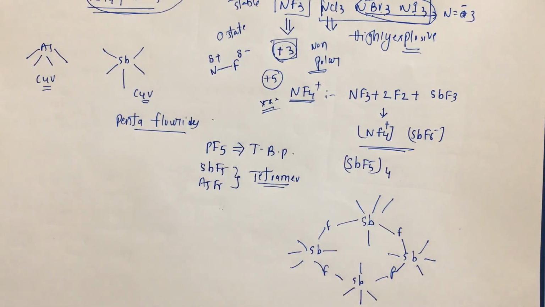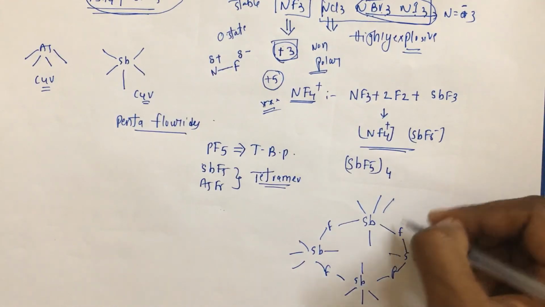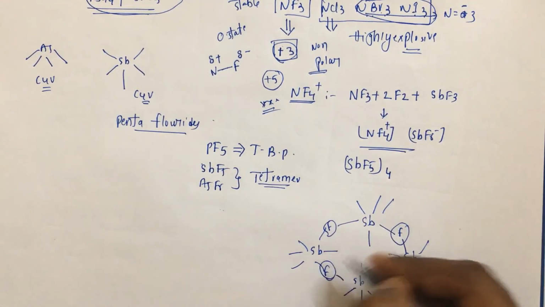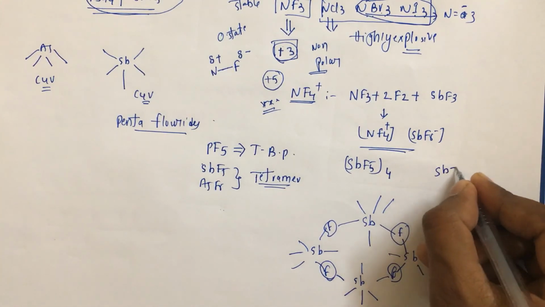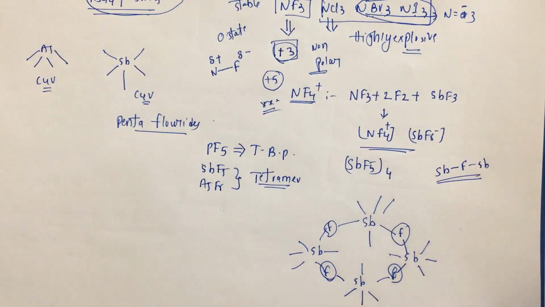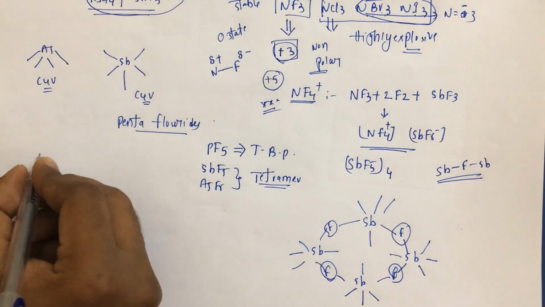So this is the structure of SbF5 in the tetrameric form. They may ask a question: how many fluorines are in the bridge? So total 4 bridging fluorines we have. And no Sb-Sb bond exists in this case. So this is also an important point.